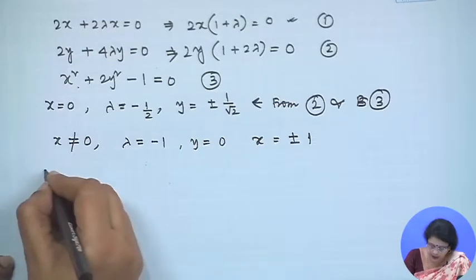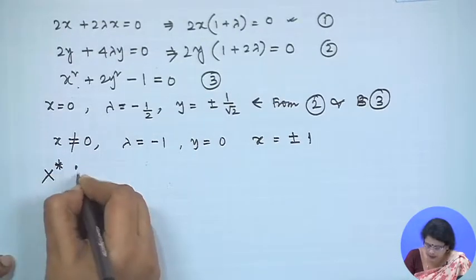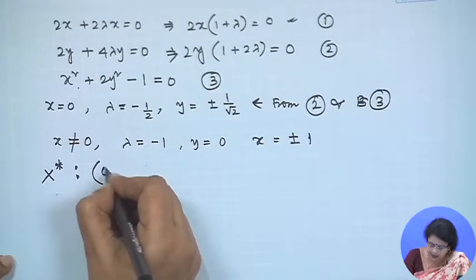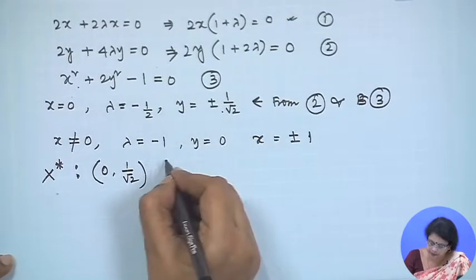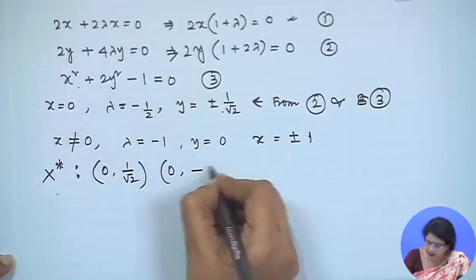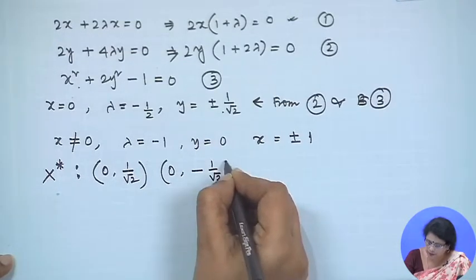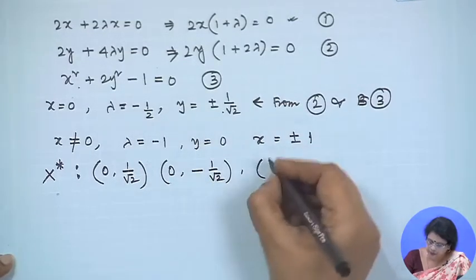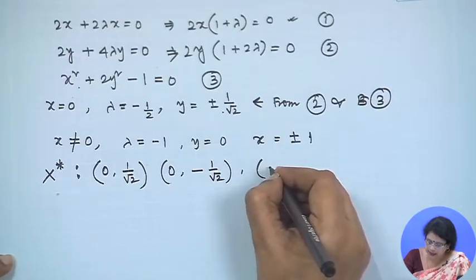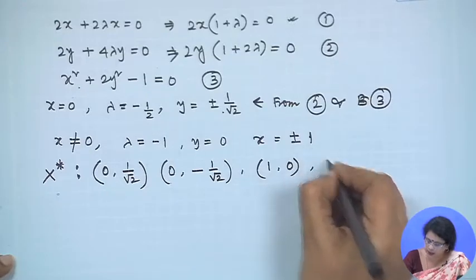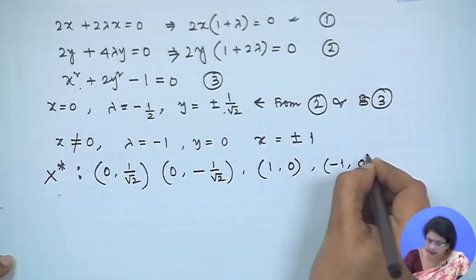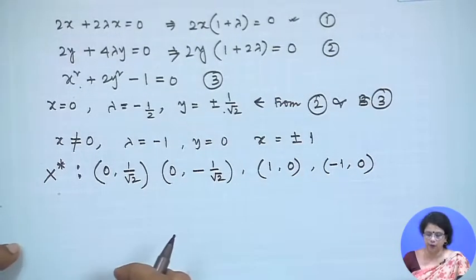What are the points? These are the possible extreme points. The points are (0, 1 by root 2), (0, minus 1 by root 2), (1, 0) and (minus 1, 0). We are getting 4.